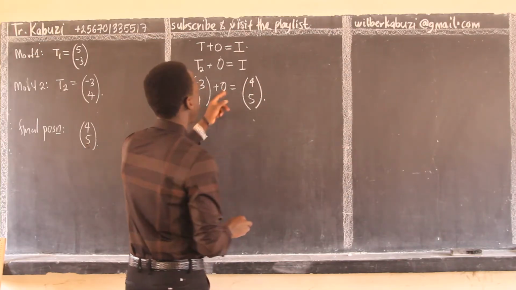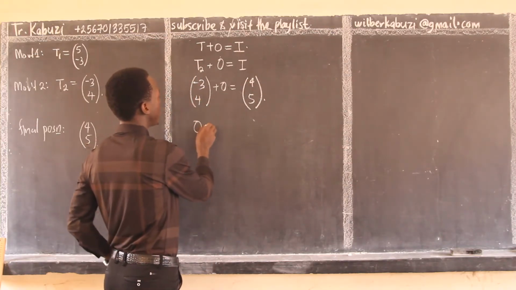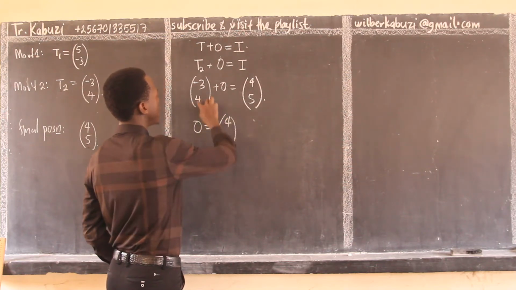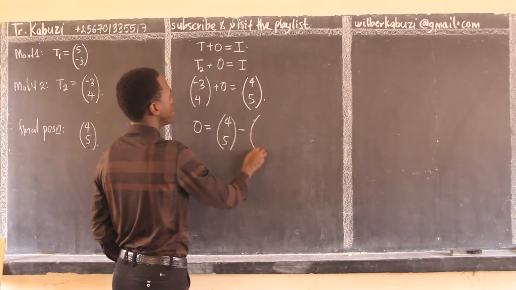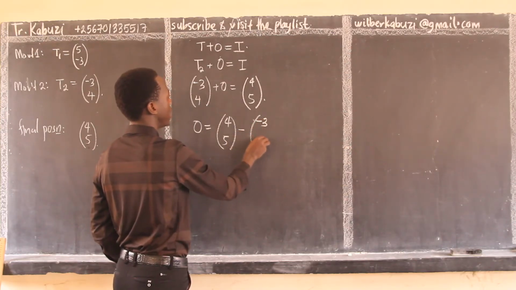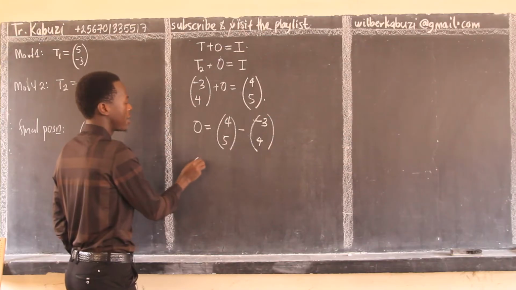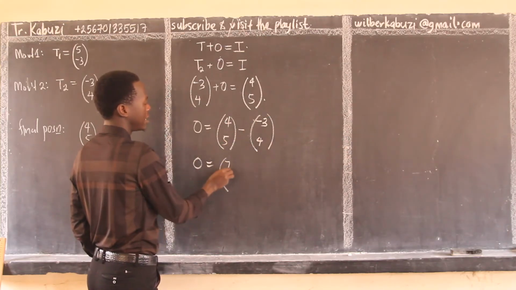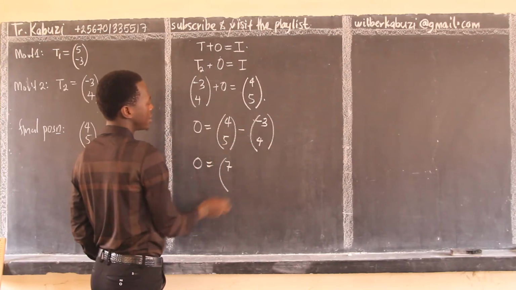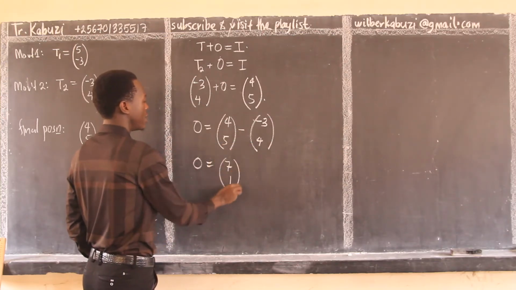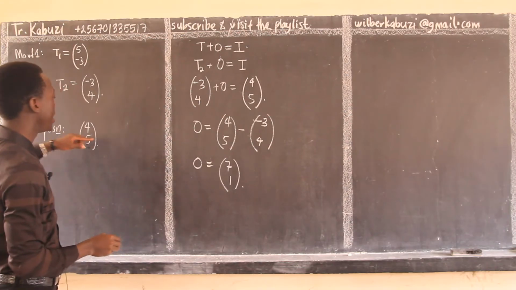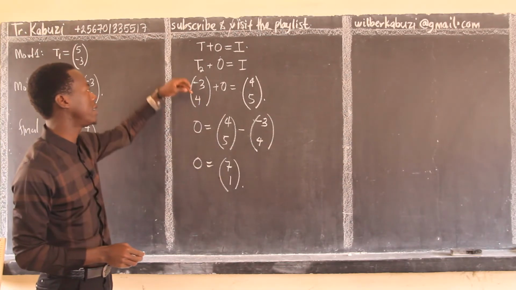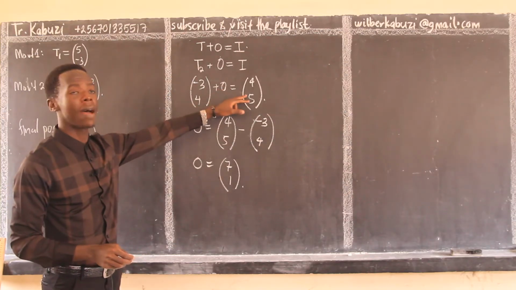So clearly here, I make the object the subject. My object will be, I take this to the other side, so I get minus (-3, 4). So now my object equals, 4 minus minus 3, I get 7, then 5 minus 4, I get 1. So meaning the position before this translation was this position, that when we give it this translation, we come to this.